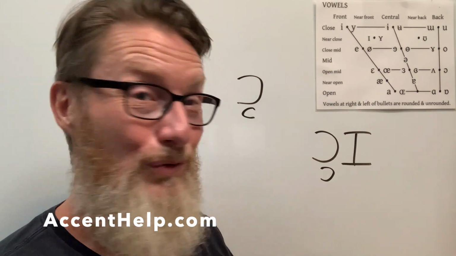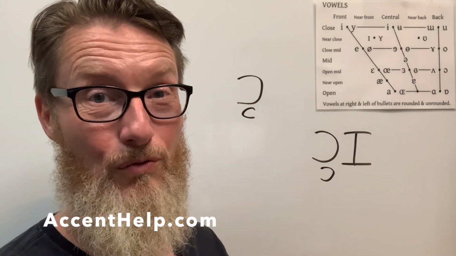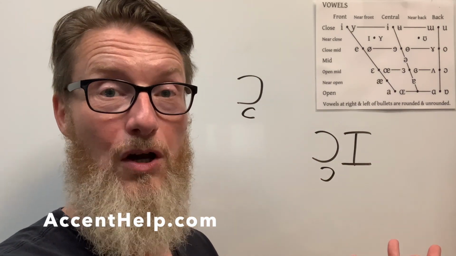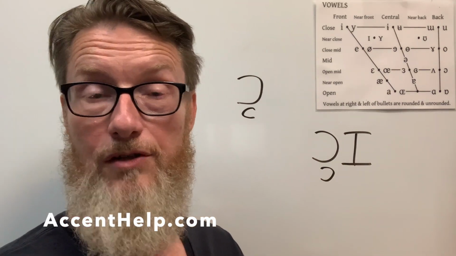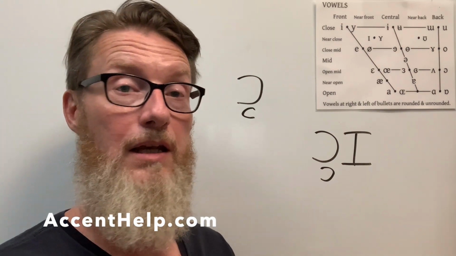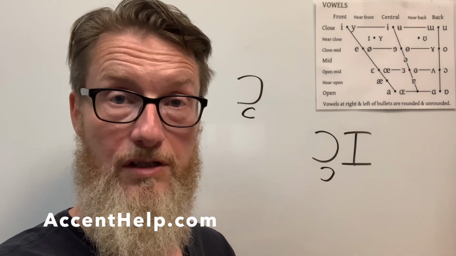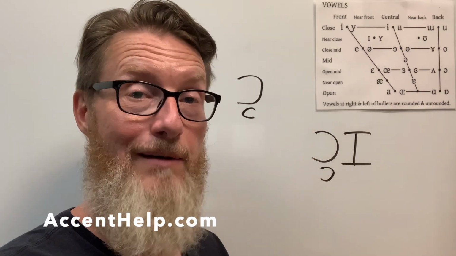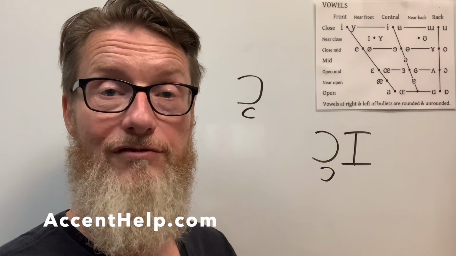And even when you get to other accents around the world, there doesn't tend to be nearly as much variation in this diphthong. It's also the one that doesn't occur as many times as the other diphthongs that we've already talked about. So this is a less common one that doesn't have as much variation on it.